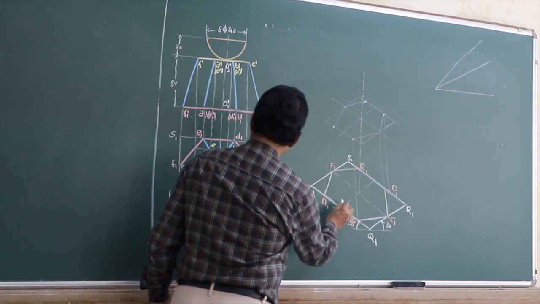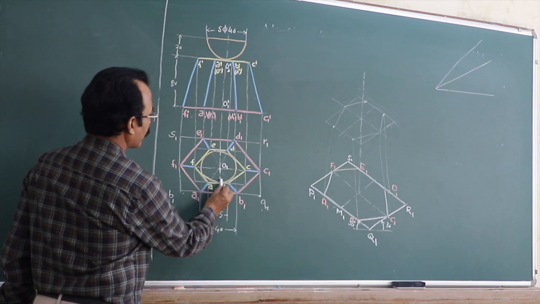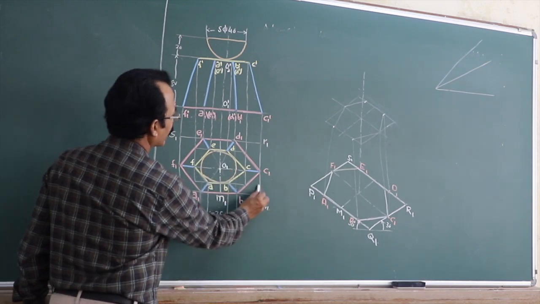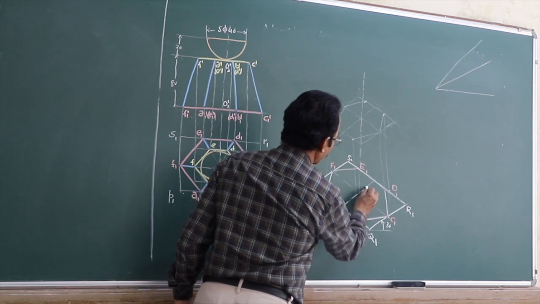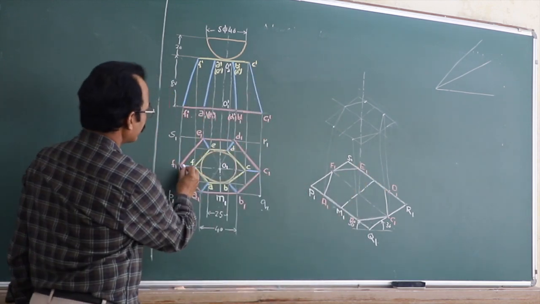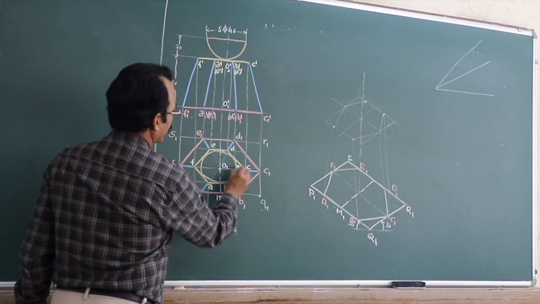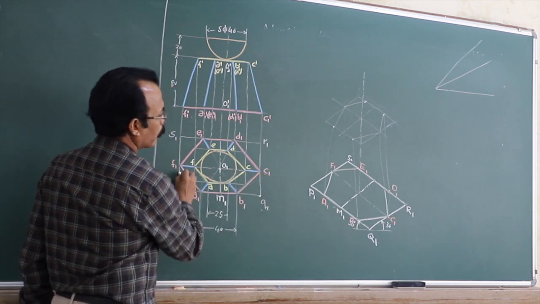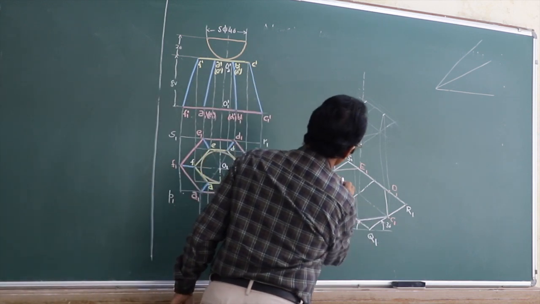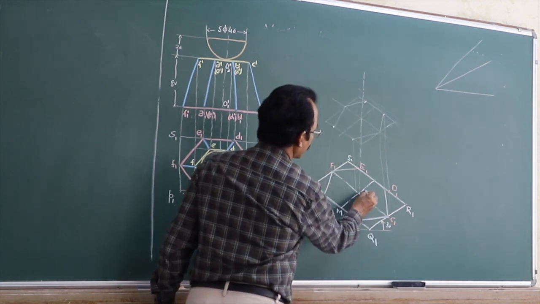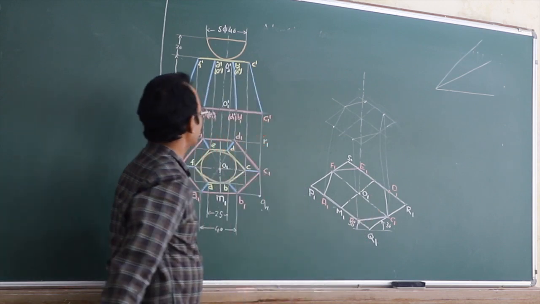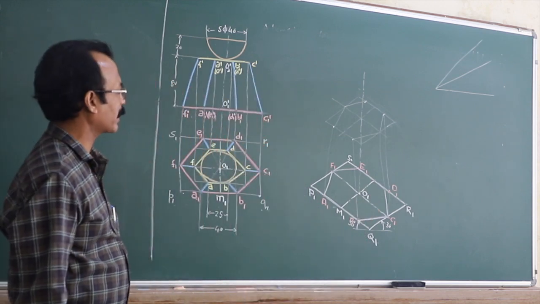Then you observe here this line M1 O1 is parallel to Q1 R1, so draw this line parallel here. Then this other center line is nothing but your C1 F1 line, so you connect this C1 F1 line here. Wherever they intersect, you will get this point O1, the axis or the center there.